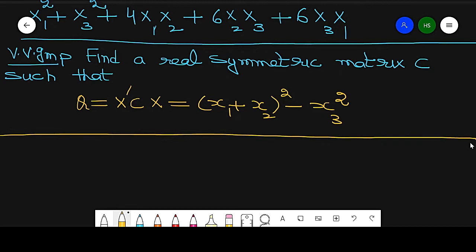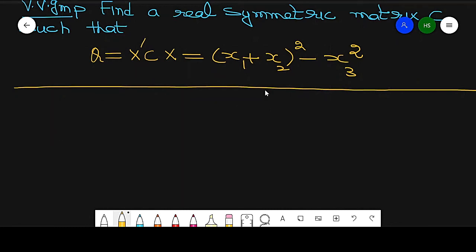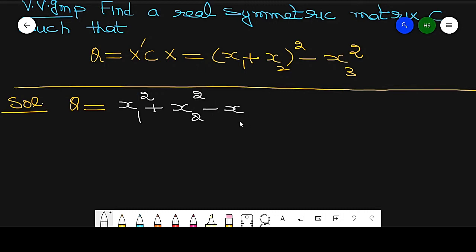So it is nothing complicated. Just first find the quadratic form. So what is the quadratic form here? We easily see that x1 square plus x2 square minus x3 square, right?